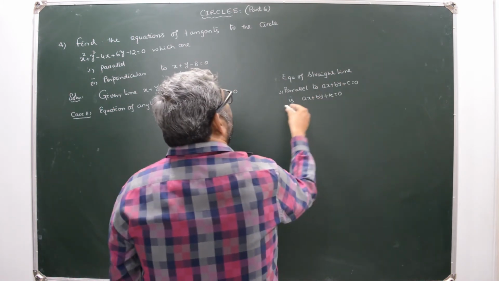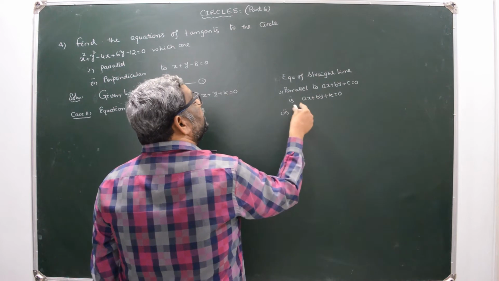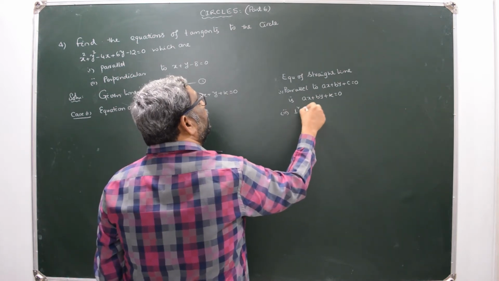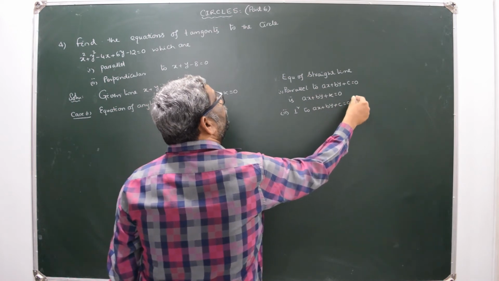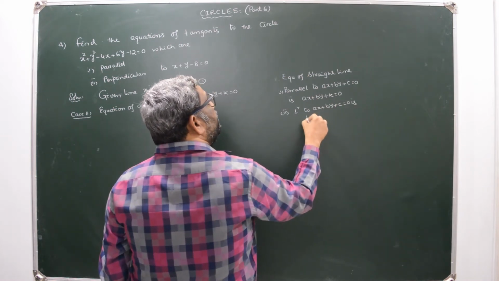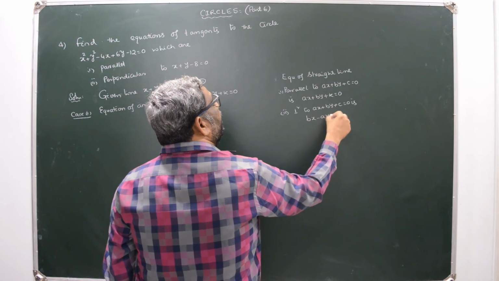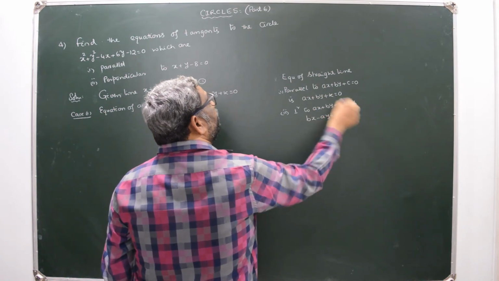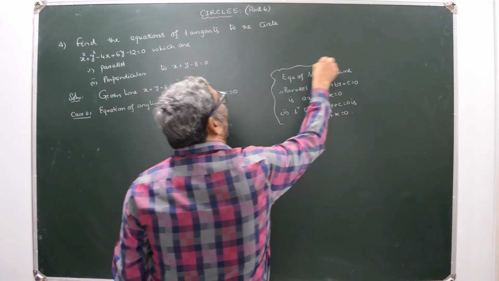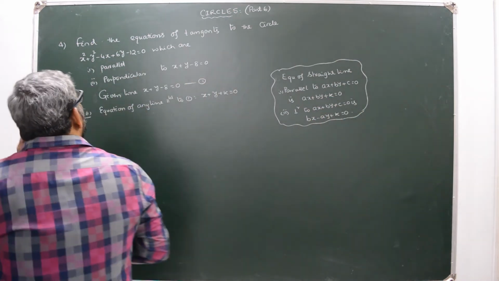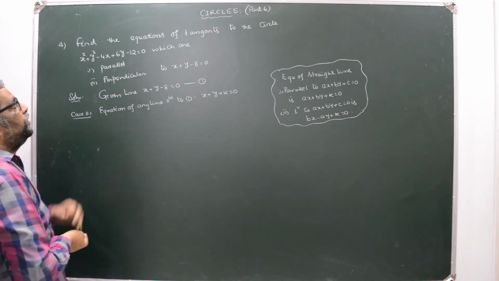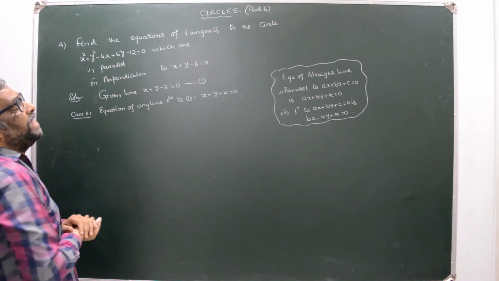They differ by a constant. Perpendicular to ax plus by plus c equal to 0 is bx minus ay plus k equal to 0. So these are the two formulae which we are going to make use of in this problem. So this is the given line x plus y minus 8 equal to 0. Equation of any line parallel to it.